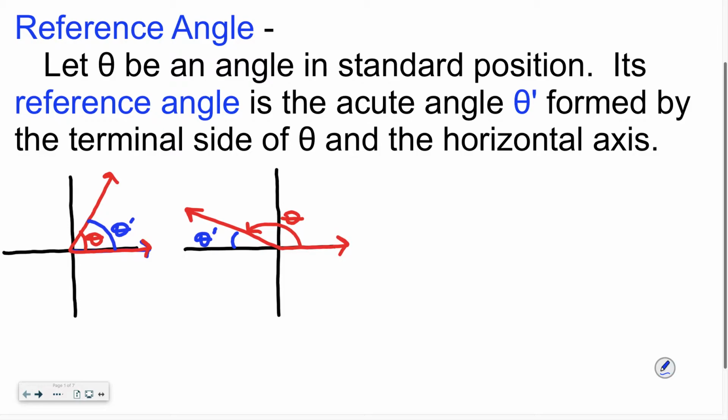How much more do I need to rotate to get to that horizontal axis? Now, if we knew the measure of this red angle, how would we determine what that reference angle was?